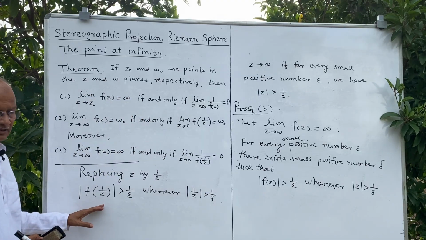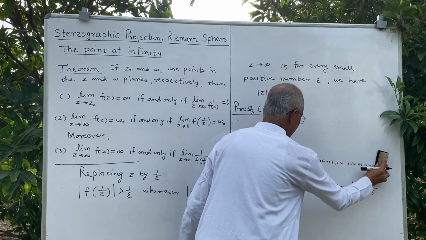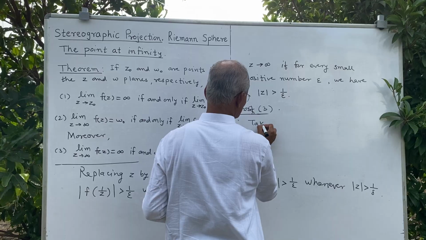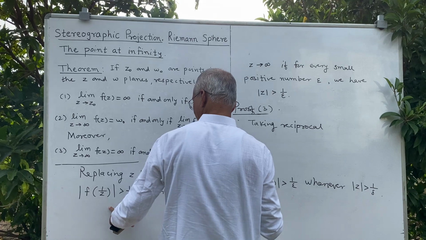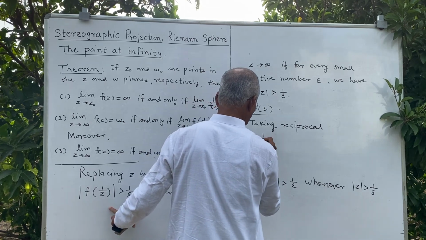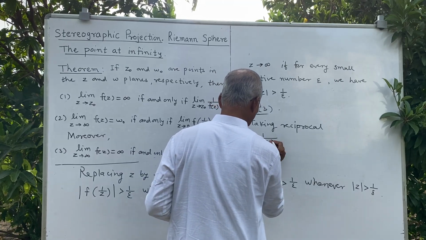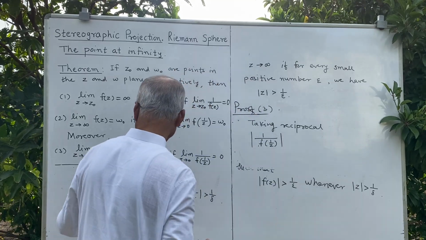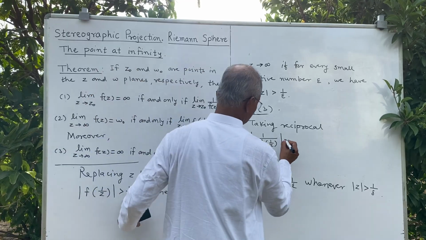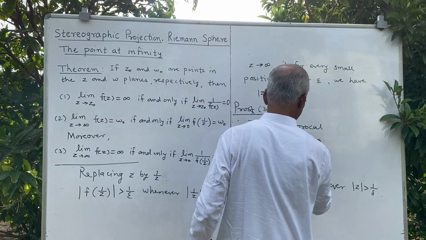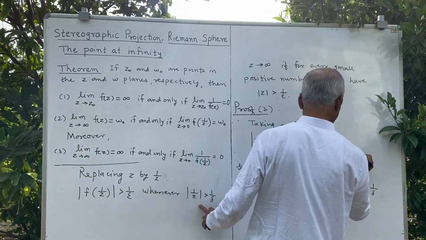And now we will take the reciprocal. So, taking the reciprocal, we get the absolute value of 1 upon f of 1 by z is less than epsilon, whenever the absolute value of z is less than delta.